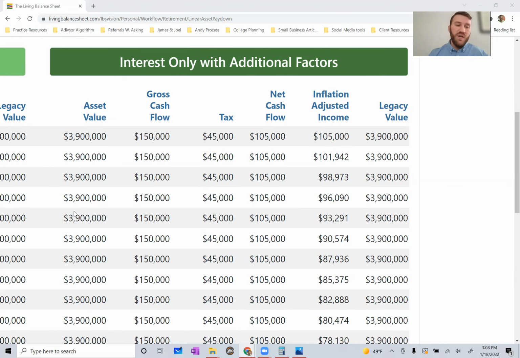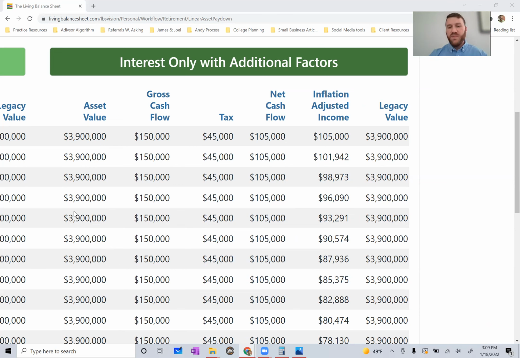If it were all in an after-tax account, perhaps our taxes would be a little bit lower with capital gains rates, if planned for accordingly. However, still from an efficiency standpoint, we're going to pay the same tax rate on all of the dollars every year because all of it is interest or capital appreciation.